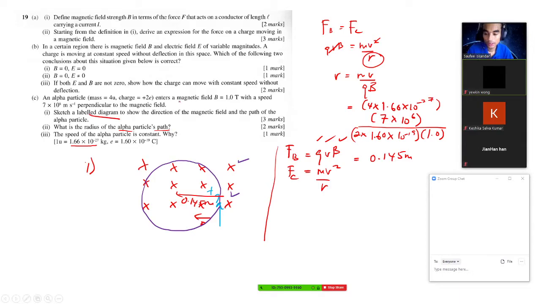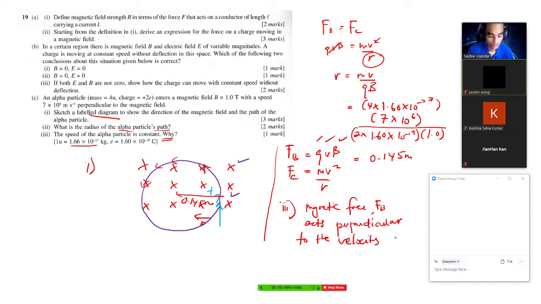Question number three: the speed of the alpha particle is constant. Why? The speed will be constant throughout the movement because the magnetic force, we call it FB, acts perpendicularly to the velocity of the alpha particle.